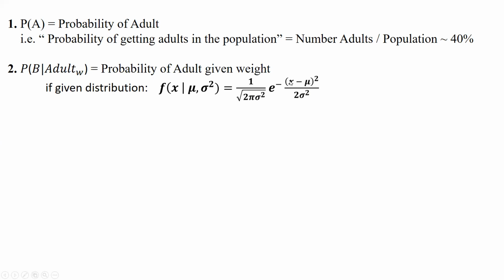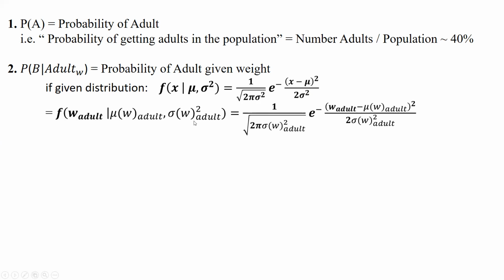And now we just need to sub in a value for X. So if you give me 68 kilograms, I'm going to plug that number into our distribution that we've learned, where the standard deviation and the mean are given that they are adults. I'm just going to plug this in, and I would also do the same with children as well, because we're calculating the argmax of these two. Let's just see how this works.